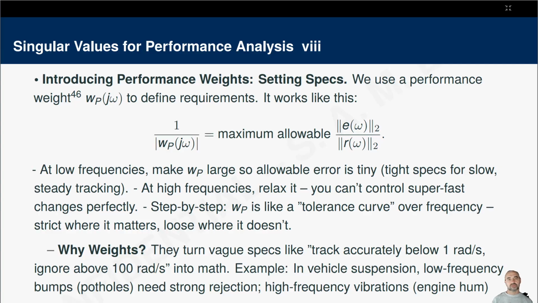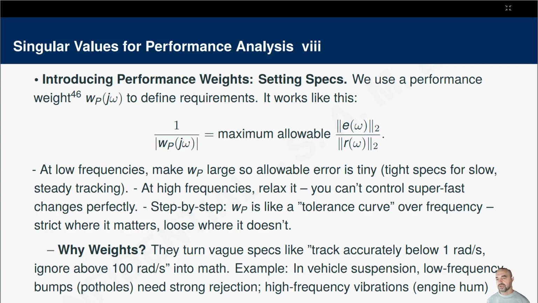But high frequency vibrations like engine hum are okay to pass through a bit, because in reality we cannot fully reject that high frequency vibration.